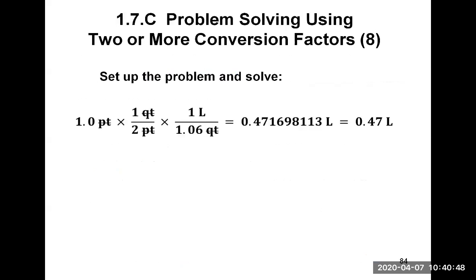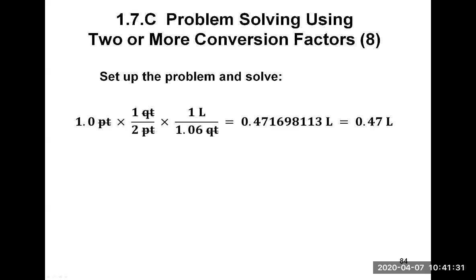If we write the calculation and set up the problem, you always start by writing down the given amount. Remember here that the given amount is in the numerator, so you could write a line under and a 1 in the denominator to remind yourself the 1 pint is in the numerator. You multiply by the first conversion factor. We determined that the first conversion factor is 1 quart over 2 pint, such that the pints will cancel.